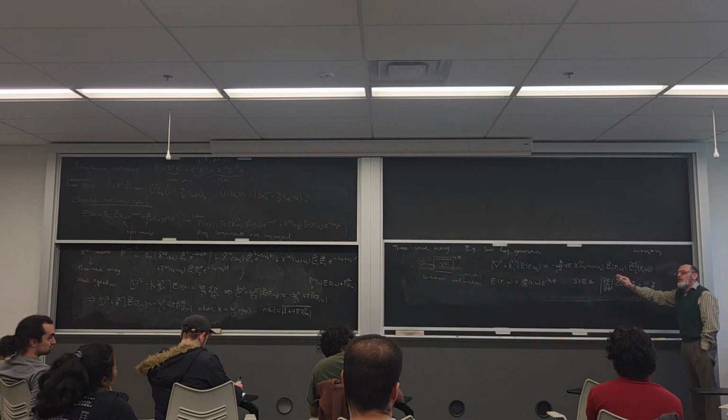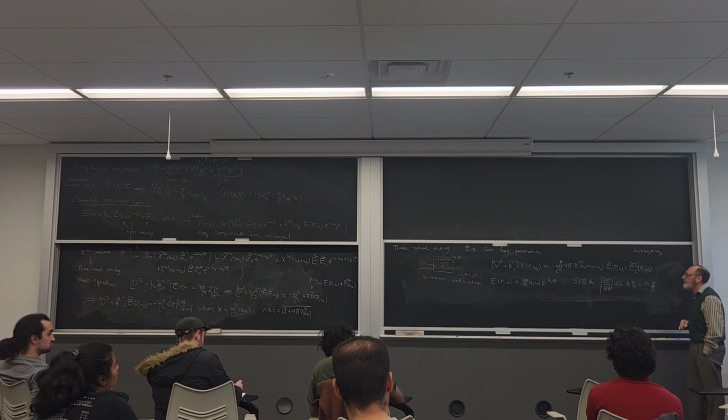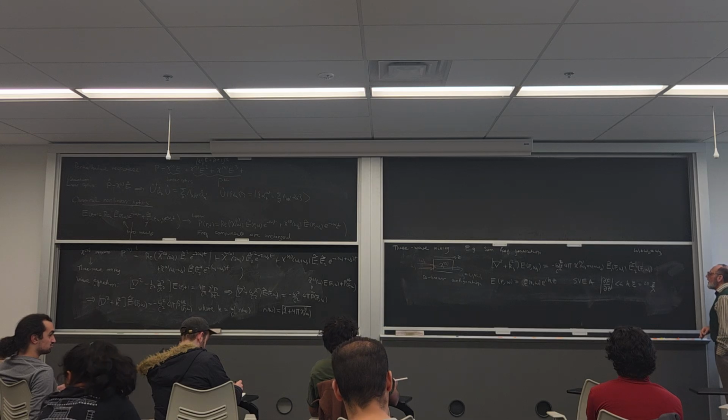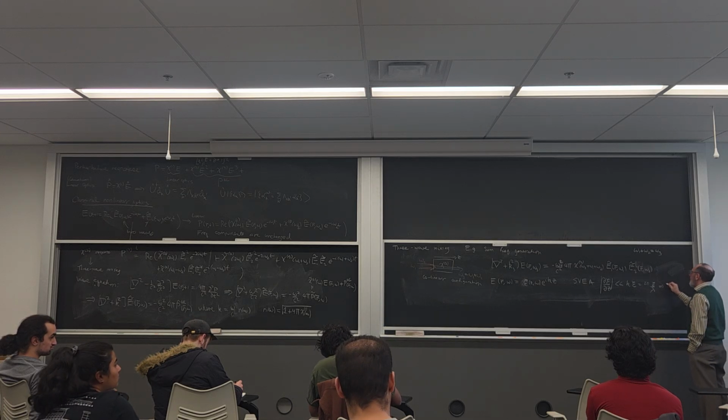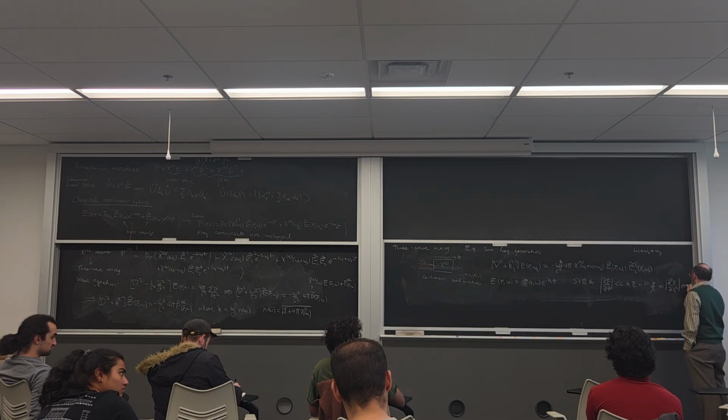So it's changing much more slowly than the wavelength is oscillating. And that equivalently is saying that the second derivative is much, much less than k times the first derivative.